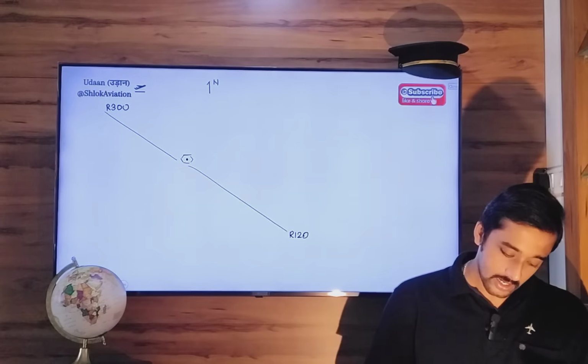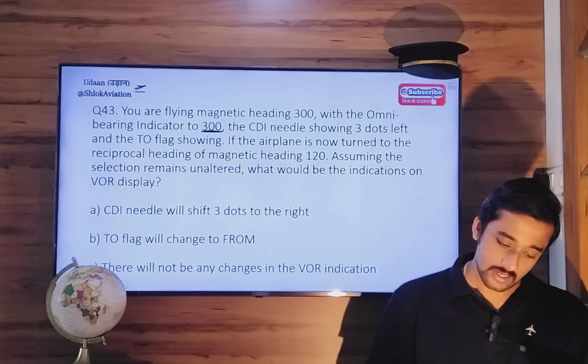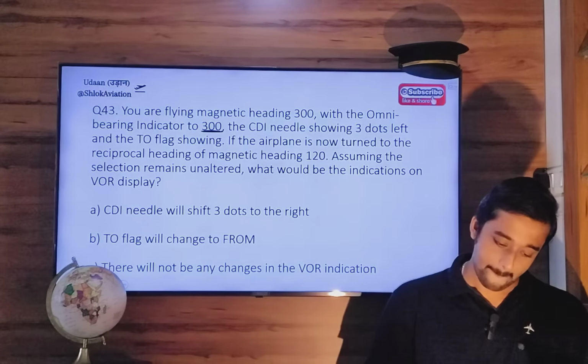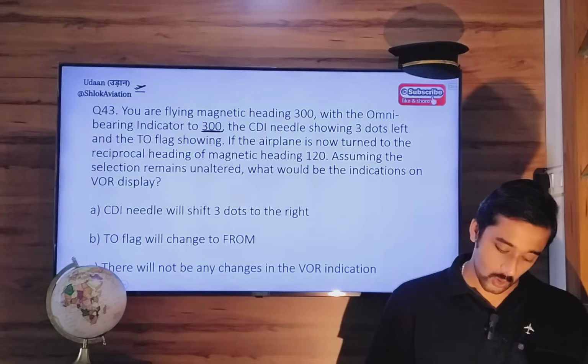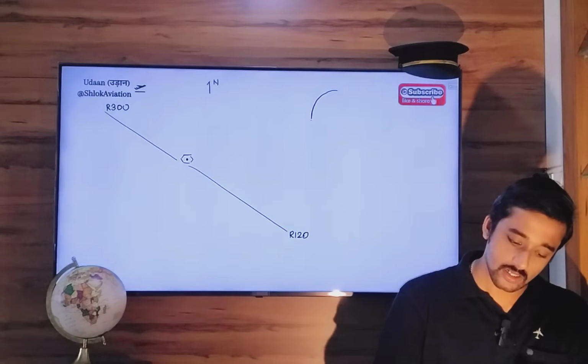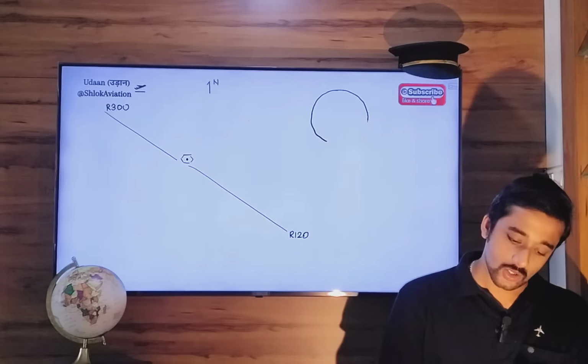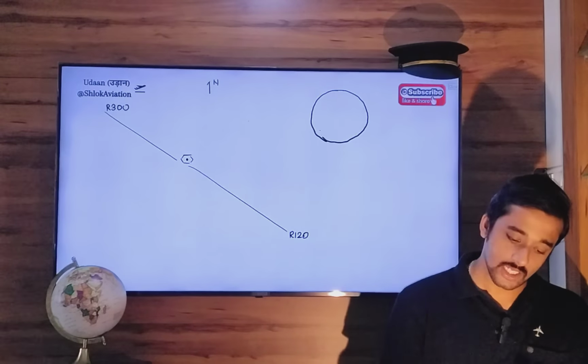Okay. So your aircraft is flying heading 300, and the CDI needle OBS. So let's draw OBS first. So OBS indication is set 300 with a TO indication.